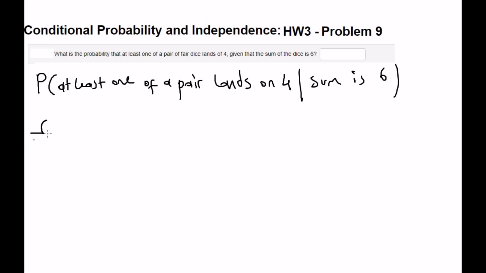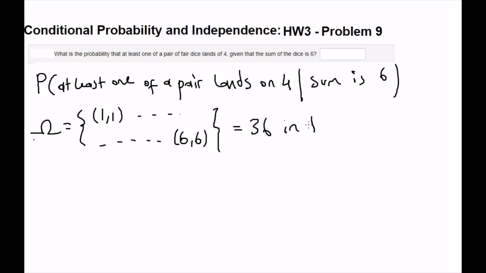Here our omega, the sample space, is the tuples of 2 starting from 1,1 through 6,6. So we have 36 in total. Let this event be A, and let this event be B. Event A is that at least one die lands on 4.